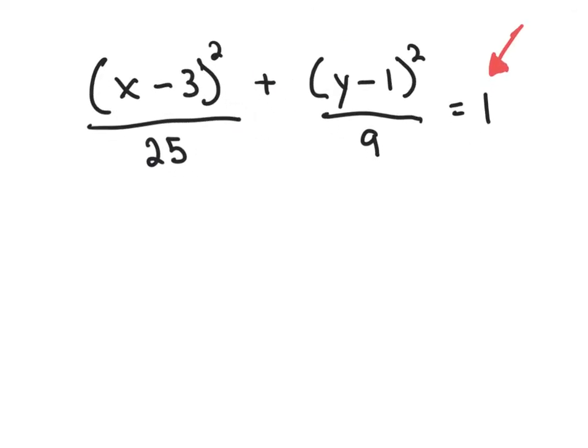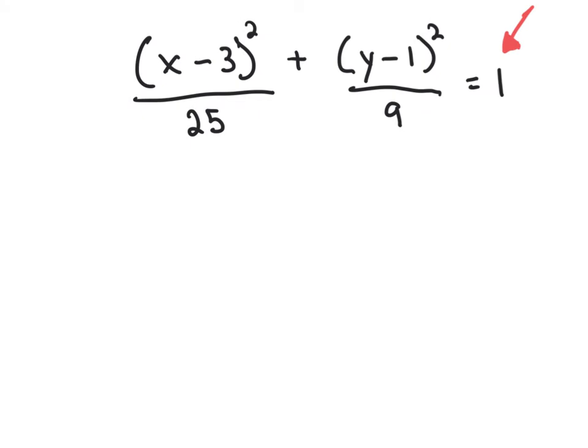Okay, here we go. If this is my equation, let me hand draw a nice little graph here. And we're going to go, okay, center first, right? So x minus 3 means move over to the right 3, and y minus 1 means move up 1. We just found the center of our ellipse. Now, which number is bigger, 25 or 9?